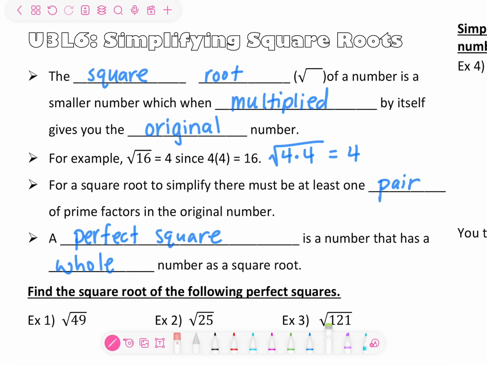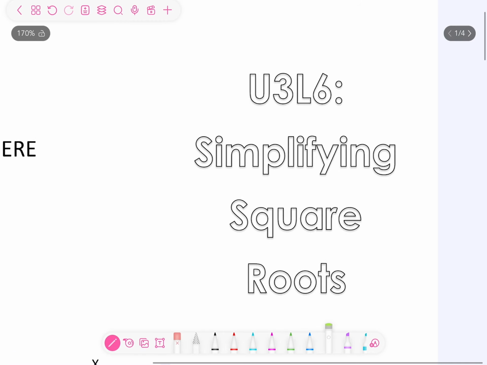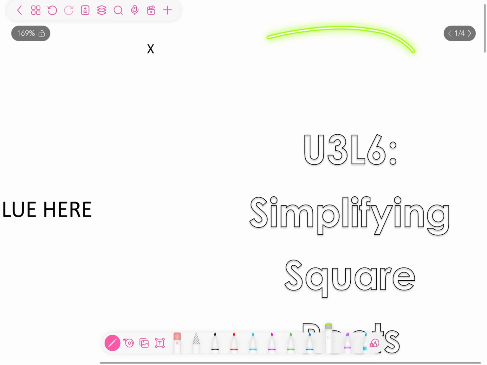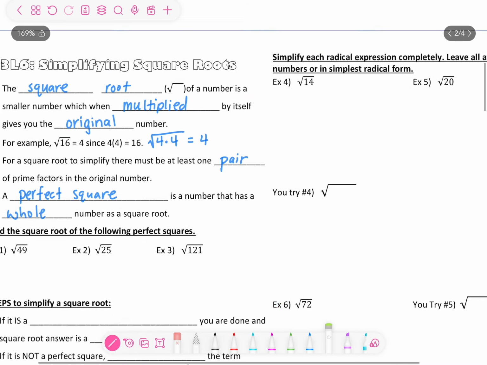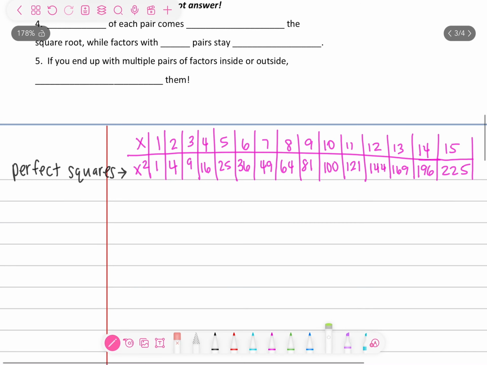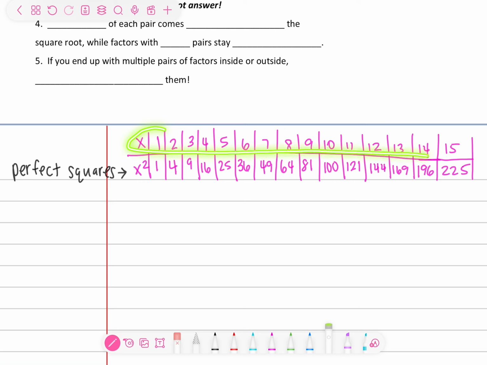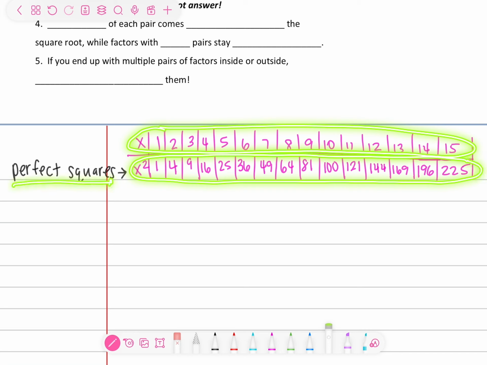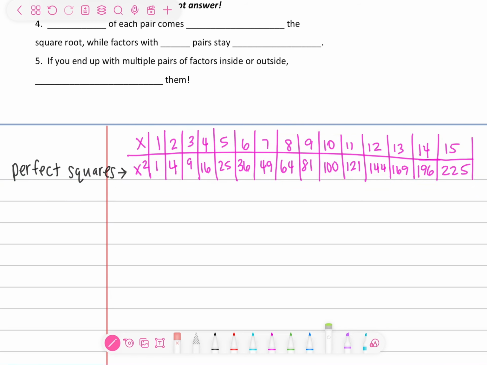Okay, so before you move on, I want you to go ahead, either on the front on this part, somewhere in the top area, or in your notebook, and please write down some of these, or all of these, really, these perfect squares. You can pause the video, but I took all the numbers from 1 to 15, and I multiplied them by themselves, and what I got was this list of squared numbers, and those are the perfect squares, because when you take the square root of them, you're going to get a nice whole number, and the answer that you're going to get is whatever's above it.